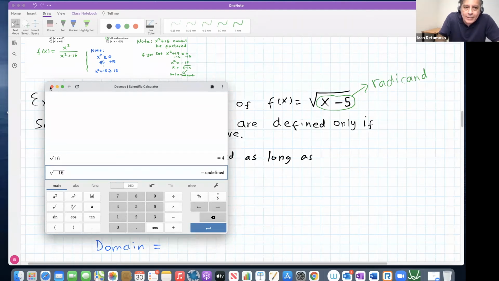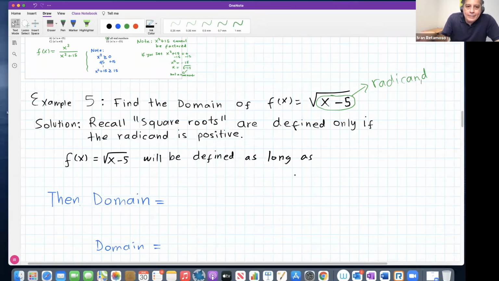Okay, great. Now, this radical function will be defined only if the radicand is positive, right? So what you have to do here is set this to be greater or equal than 0 in order to find your domain. That's going to be the idea when you deal with radicals. Make sure that the inside of the radical is positive.